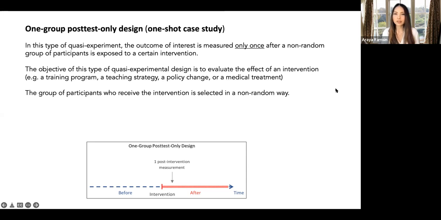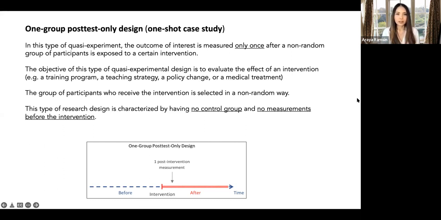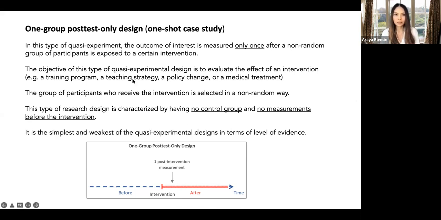The group of participants who receive the intervention is selected in a non-random way. It can be convenience sampling, for example, but not random. This research design is characterized by having no control group, and no measurements before the intervention. You can take a look at this simple diagram to see what this type of design looks like. Actually, I have another point. It is the simplest, but the weakest of the quasi-experimental designs in terms of level of evidence. So that's it for the first one.